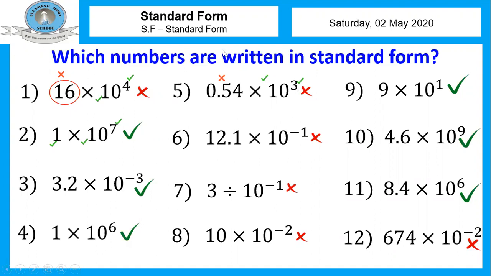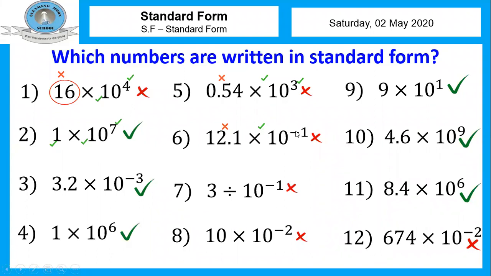Number 6, we have 12.1 times 10 raised to the power of minus 1. 12.1 is more than 10, so it doesn't fall between 1 and 10. Therefore, it fails number 1 test. Times 10, yes, it is multiplied by 10, so it passes number 2 test, and it's raised to the power of minus 1.